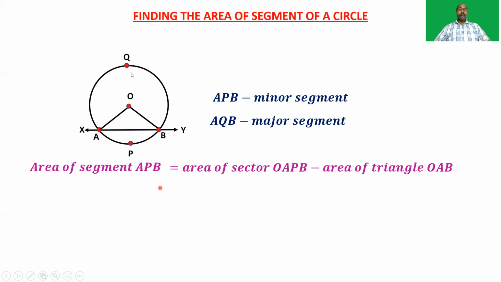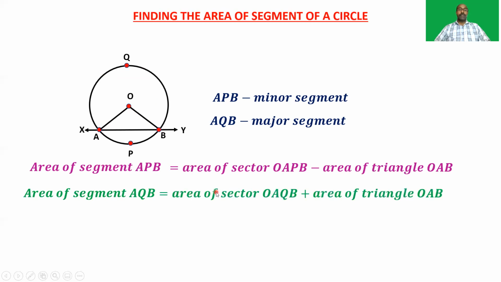And we can notice that the segment AQB is the combination of the sector OAQB and triangle OAB. So the area of segment AQB is the sum of the areas of sector OAQB and triangle OAB.